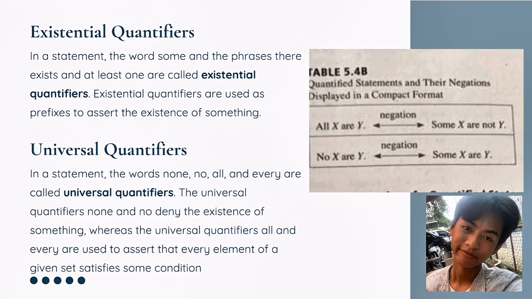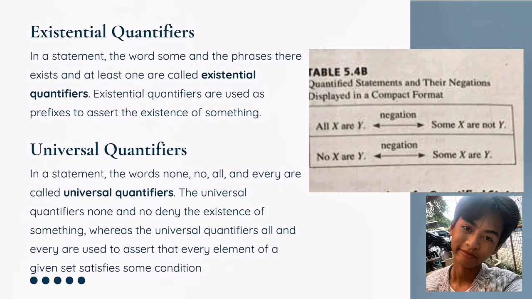So what are the types of quantifiers? We have two quantifiers, which are existential quantifiers and universal quantifiers. In a statement, the word "some" and the phrases "there exists" and "at least one" are called existential quantifiers. Existential quantifiers are used as prefixes to assert the existence of something.